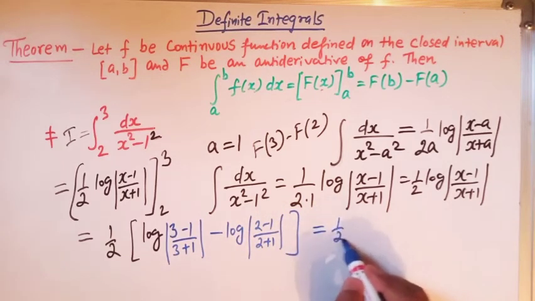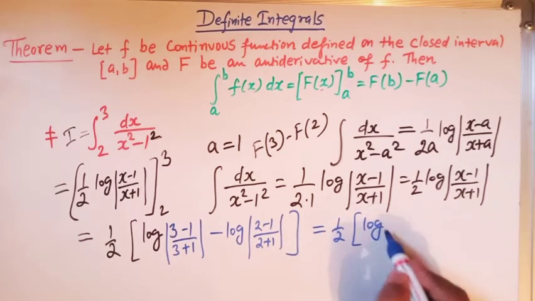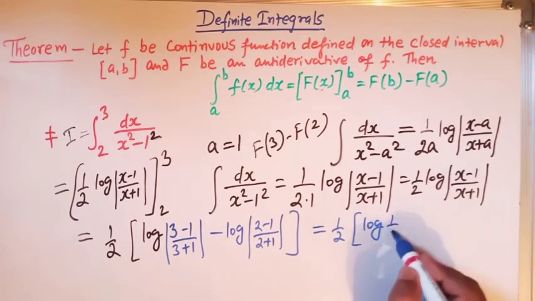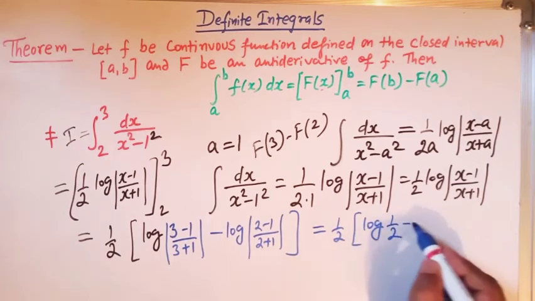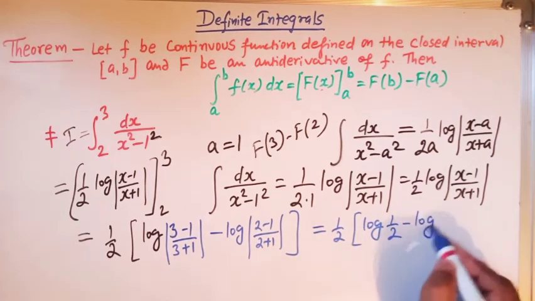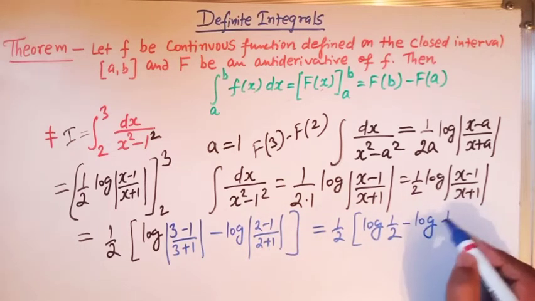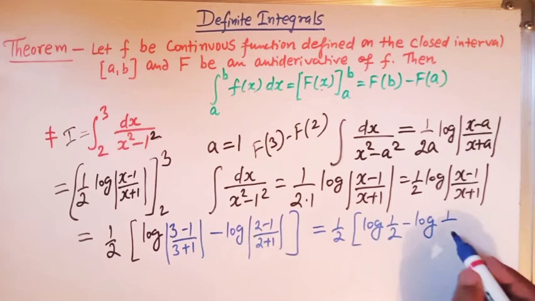So this is half, we have log, this is 3 minus 1, 2 by 4, which is equal to half, and then we have minus of log, and here we have 2 minus 1, 1, and this is 2 plus 1, 3.